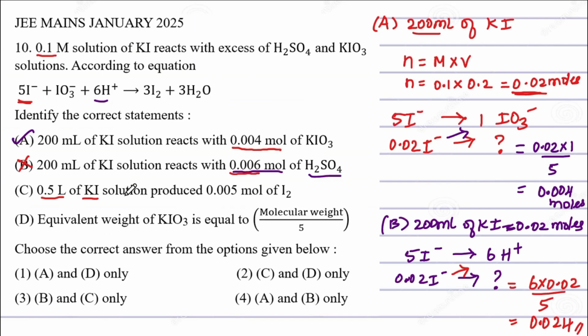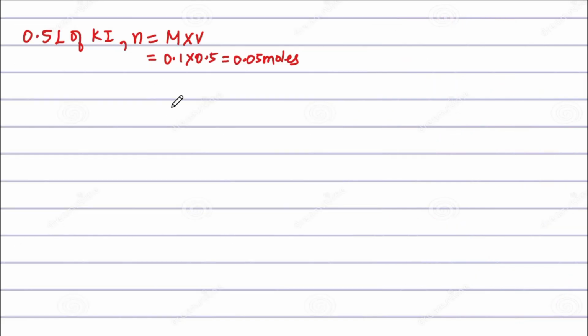Now see the question: 0.5 liters of KI solution produced 0.005 moles of I2. So we are going to compare iodide ion with the product I2. See the stoichiometric coefficient: 5 moles of iodide ion reacts to give 3 moles of I2. So 5 moles of I minus gives 3 moles of I2.